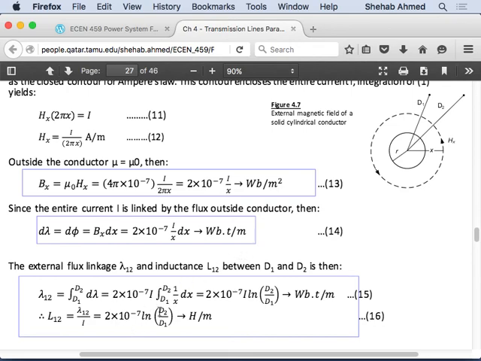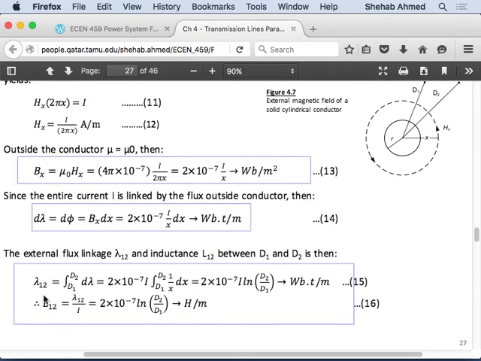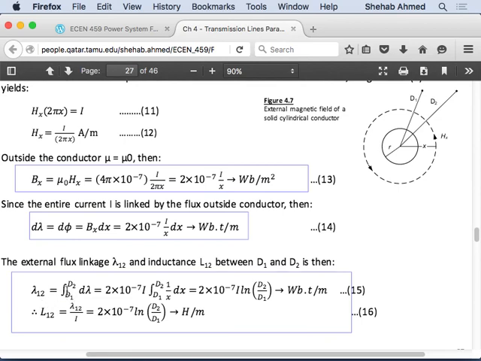And we will write it that way here. So, the inductance due to this flux linkage is this flux linkage divided by the current I. So current I cancels, and I have 2 times 10 to the minus 7 natural log D2 over D1.